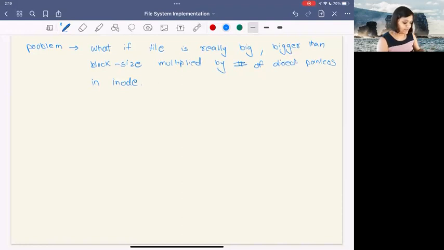So can we just leave it as it is? No. We cannot just say that, hey, because the file is big, you will be able to access only a part of the file, and the file system is just not responsible to give you the entire file. I wouldn't want to use such a file system where, if my file is big, let's say I have this very important video of my wedding, and as soon as I want to access it, it says you can only access the first part.